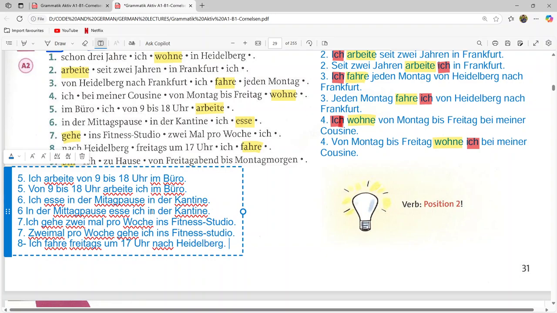Okay, we can start with the time information. So freitags 17 Uhr fahre ich nach Heidelberg.